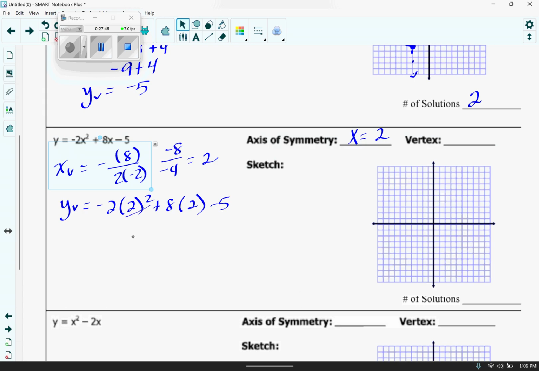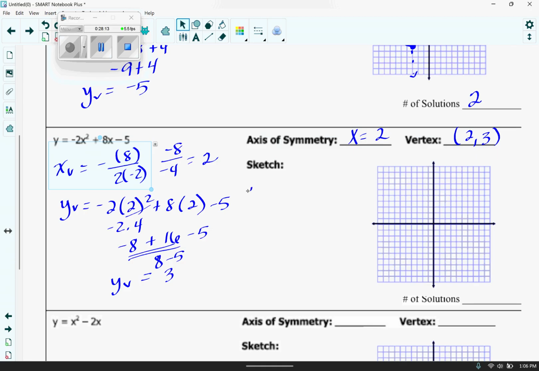So 2 squared is 4, times negative 2 gives me negative 8, plus 16 minus 5. There is the same relationship here every single time. The second one is going to be double the first one in opposite signs. So this ends up being negative 8 and plus 16 is 8, minus 5 is 3. So this is going to be 2, 3.